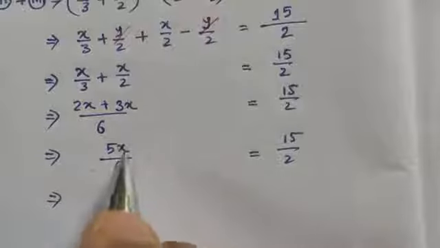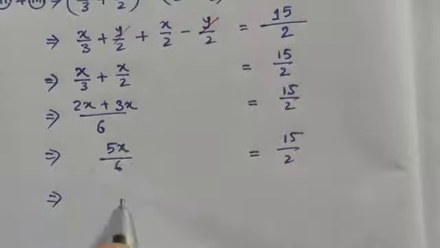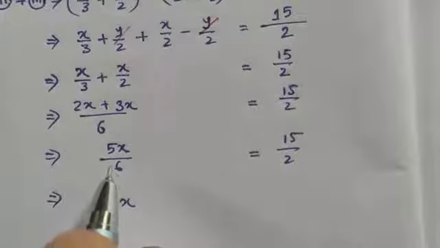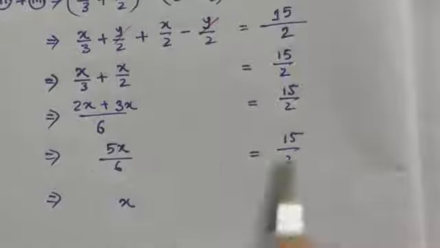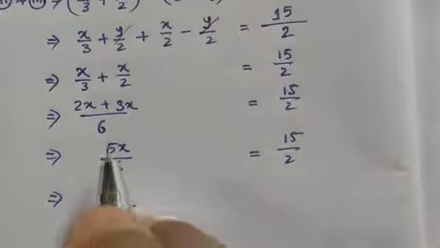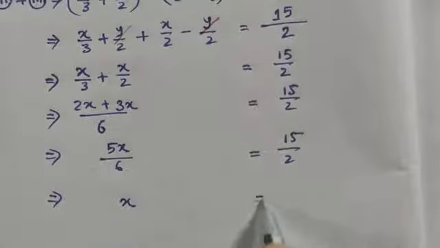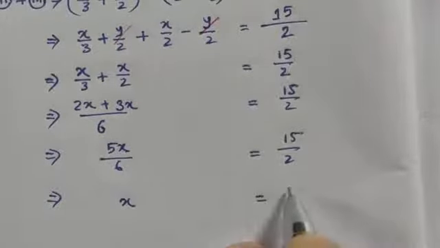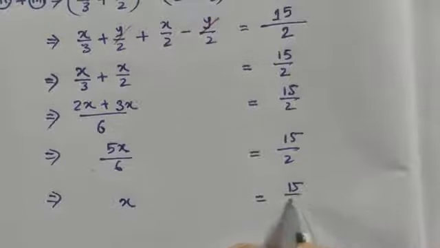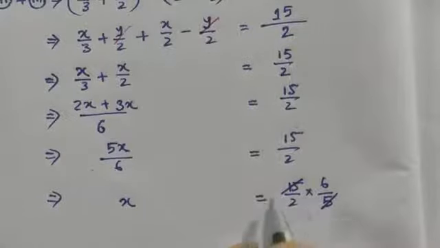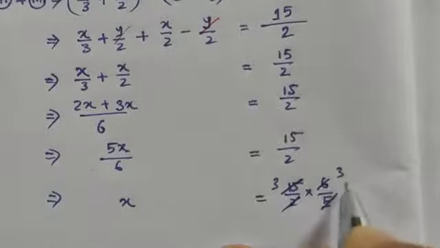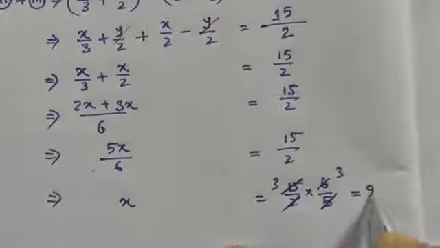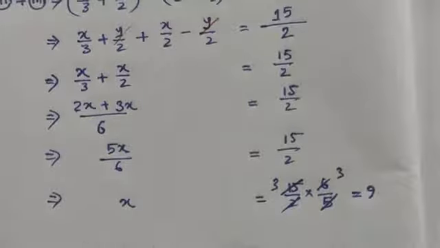Now let us keep x here, and 5 by 6, when you transfer it to the other side of the equal sign, becomes 6 by 5. That is 15 by 2 into 6 by 5. 5 threes are 15, and 2 threes are 6. Ultimately, you get the answer as 9. That means x is equal to 9.